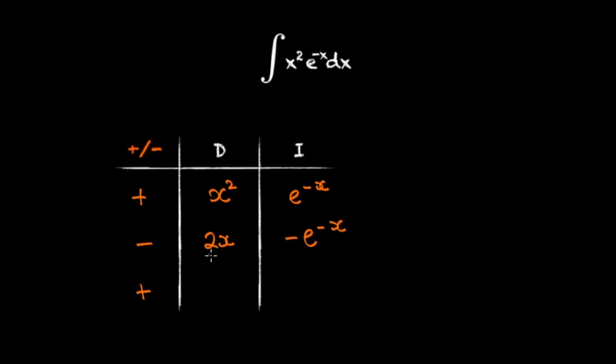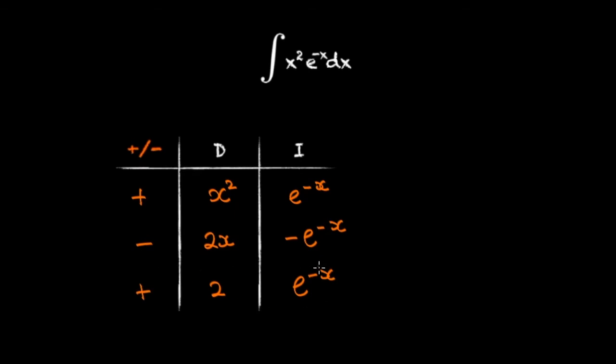Let's go to the next row. The derivative of 2x is 2, and the integral of minus e to the minus x is positive e to the minus x. And we can definitely integrate this row along here, which means that we can stop differentiating and integrating here.